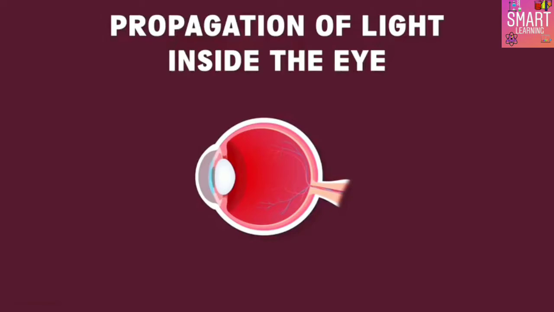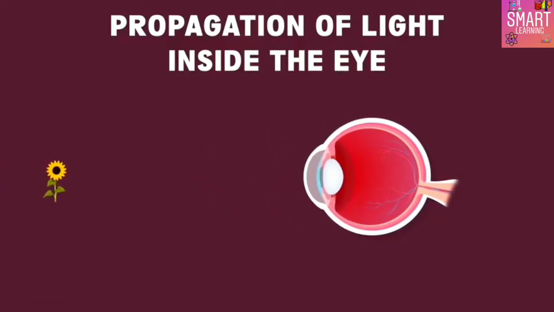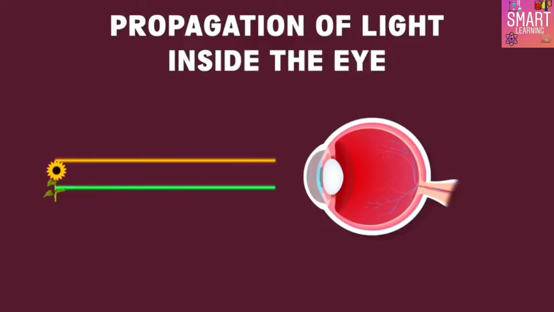Suppose we are looking at an object which is at some distance away, not so far away. The light from the object enters our eye and falls on the cornea first. What is the cornea? It is this curved and transparent outer layer guarding the entrance of the eye.